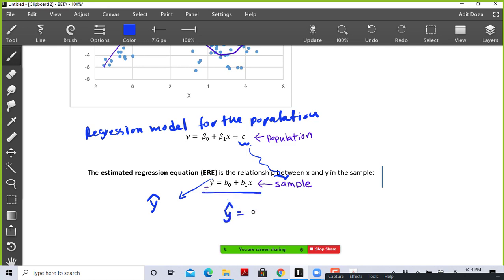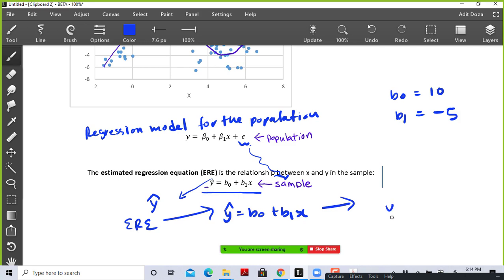For example, if beta 0 is 10 and beta 1 is -5, your estimated regression equation should be something like y hat equals 10 minus 5x, because I have given you the values.